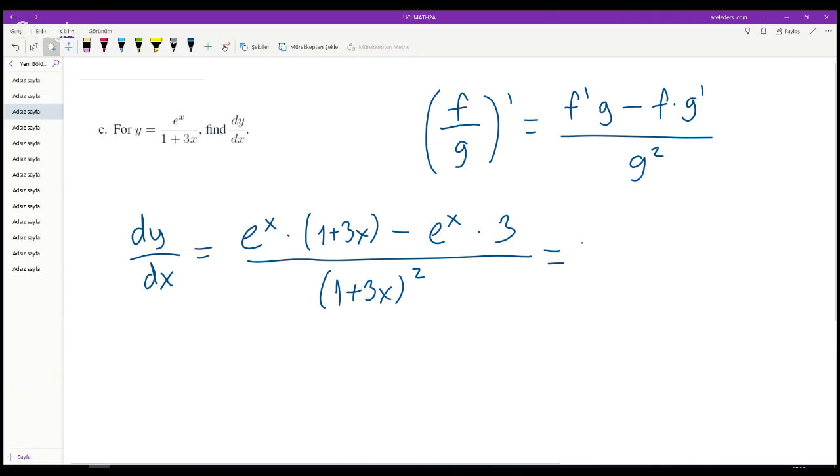So which is e to the power x times 1 plus 3x minus 3, which is 3x minus 2, over 1 plus 3x squared. Okay?